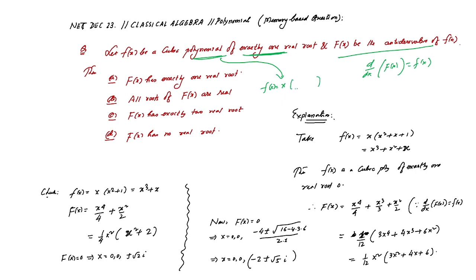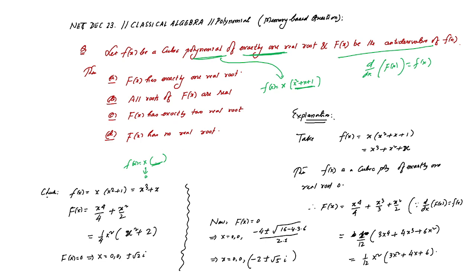And here you just take one quadratic polynomial which has imaginary roots, for example x square plus x plus 1. Take f(x) equals x, which gives you a real root, 0, and put a quadratic polynomial with it.